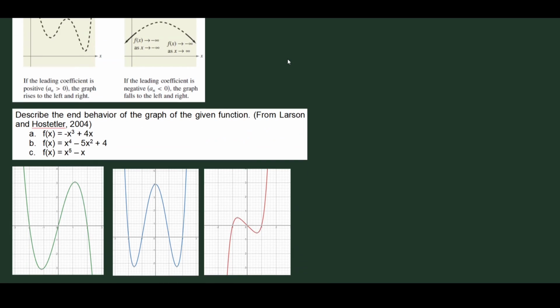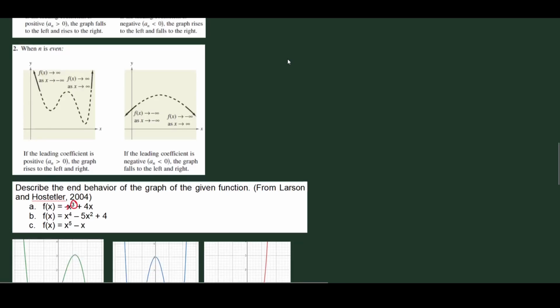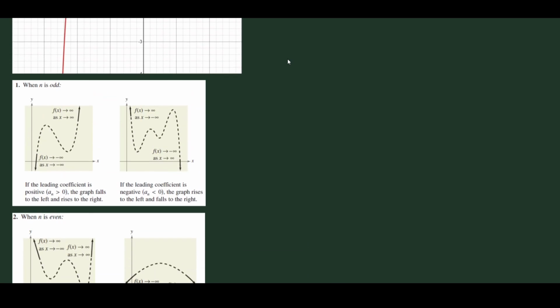Okay, so let us see the behavior of the graph given the following functions. For the first one, we have a degree of 3, and our leading coefficient is negative. So n is odd, and our a_n is less than 0.